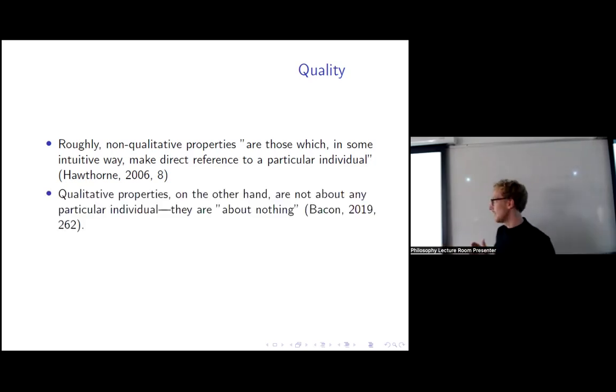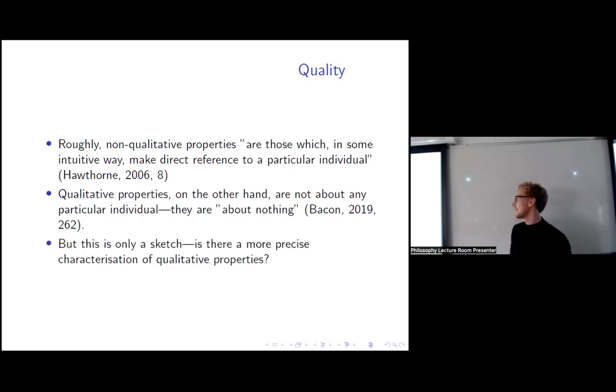And vice versa, qualitative properties are not about any particular individual. They're about nothing. I mean, you could read that two ways. Obviously, they're about something in the world, right? But no particular individual. But that's only really a sketch. And it's very unclear if there is something more to say, right?